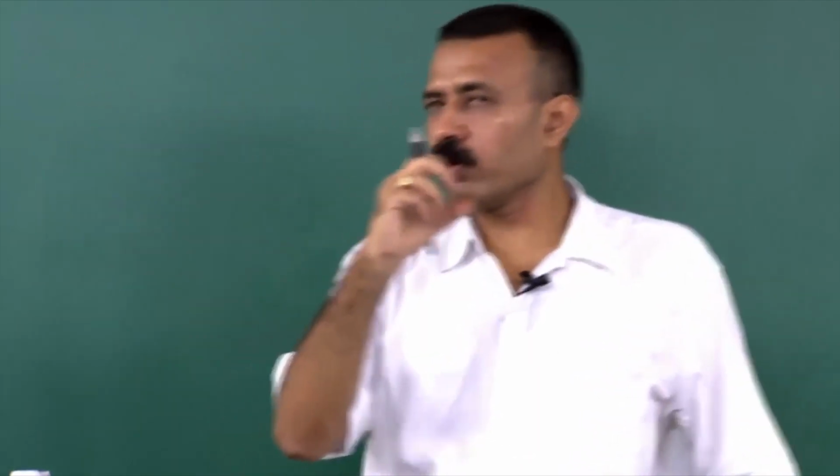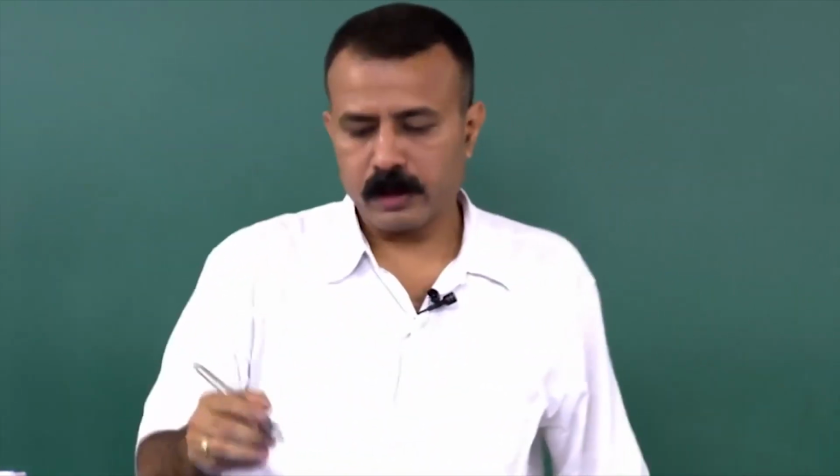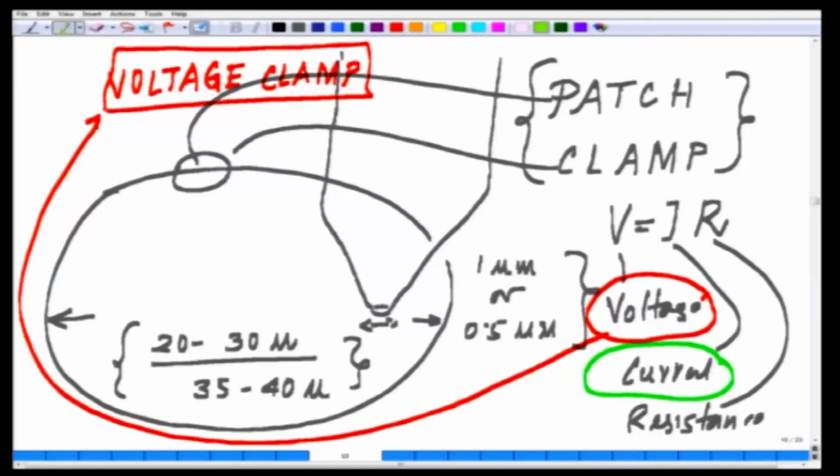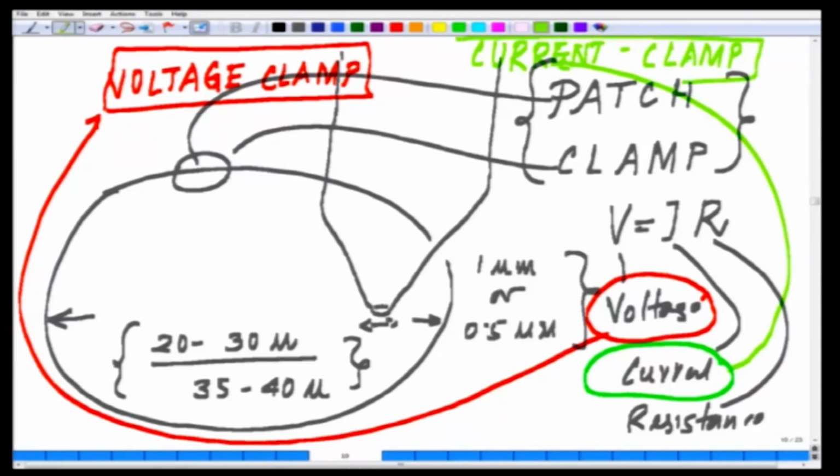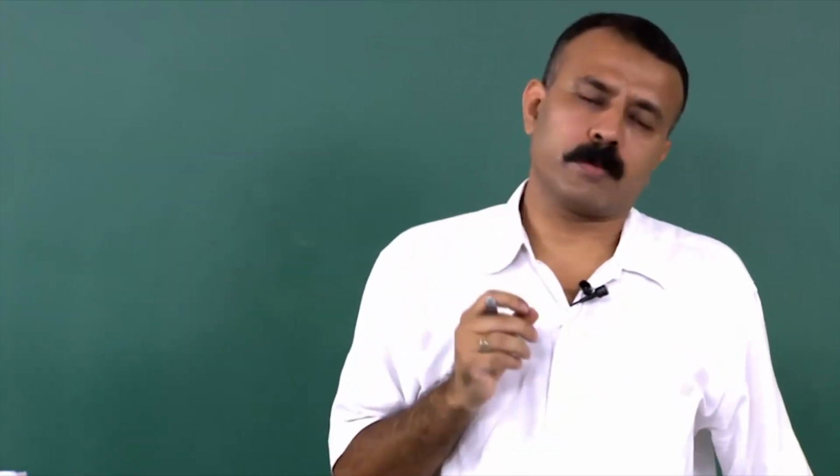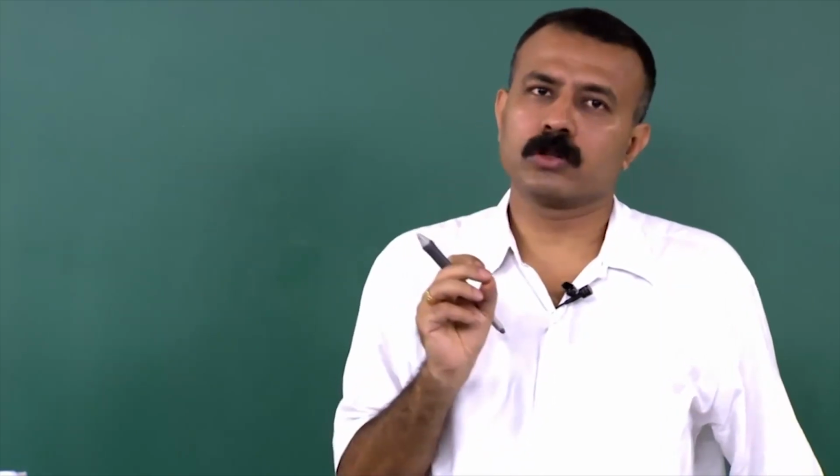Likewise, you can clamp the current, which is called current clamp. Current clamp is essentially where you inject a finite amount of current into the preparation through that electrode.